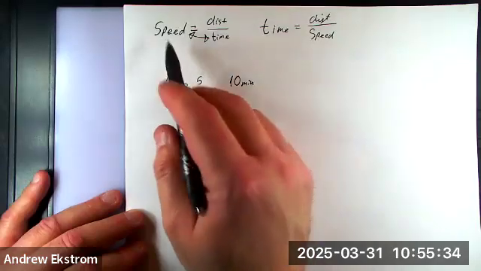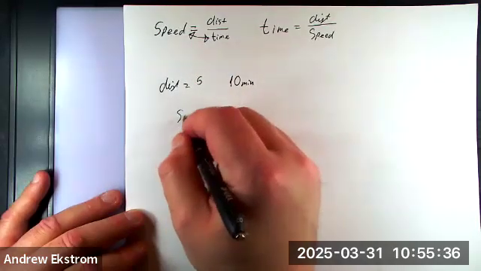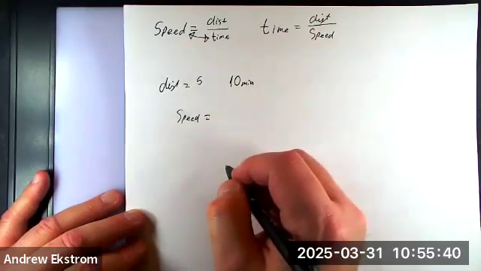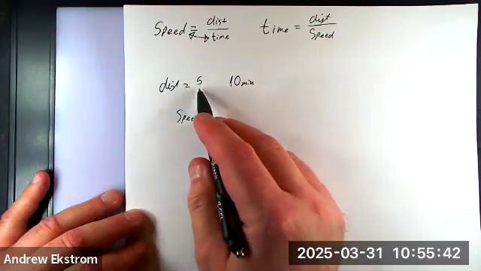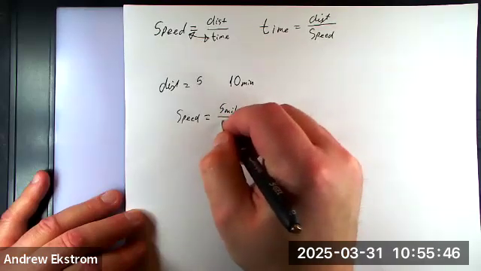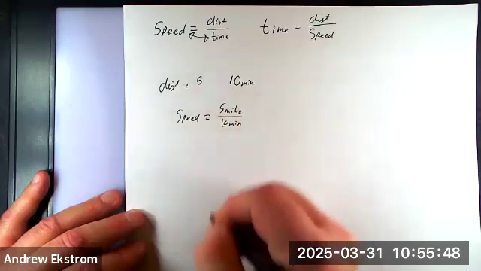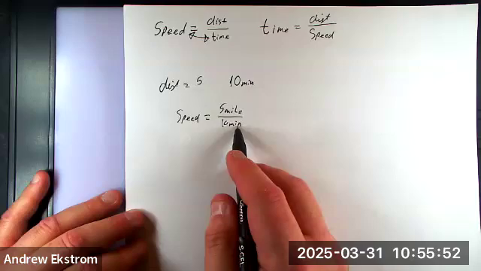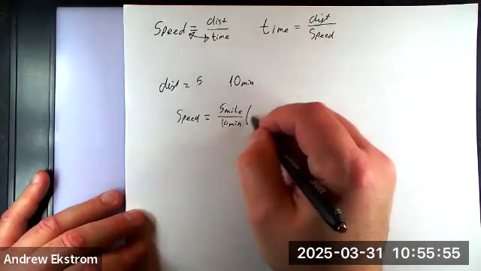I can look at different speeds and see what that's going to be. So distance, 5 miles in 10 minutes. We're used to miles per hour, so I've got minutes here.